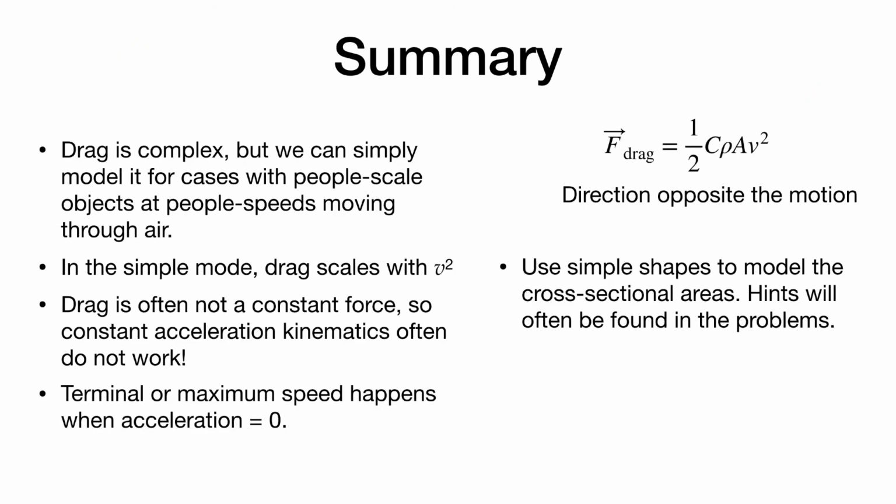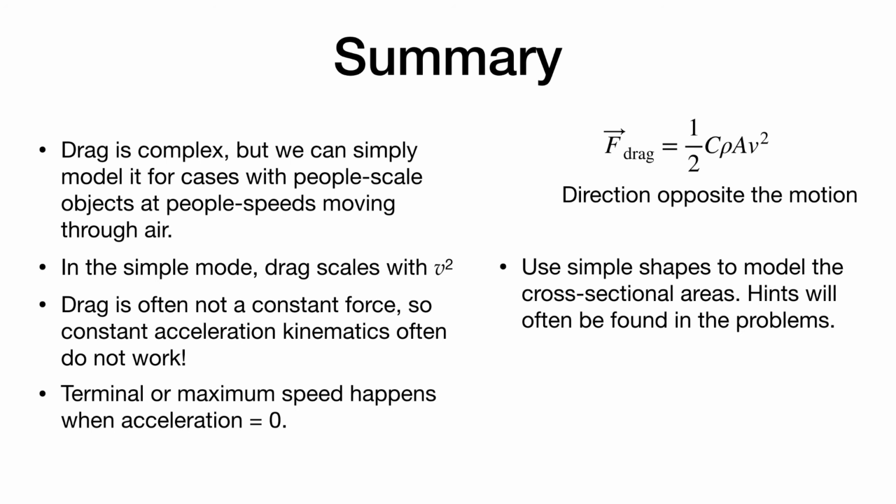So in summary, we've learned that the drag force is complex, but we can model it in a simple manner for cases where we have people scale objects, from a few millimeters, which might be the depth of your fingernail, to objects as big as a car, which people ride in.